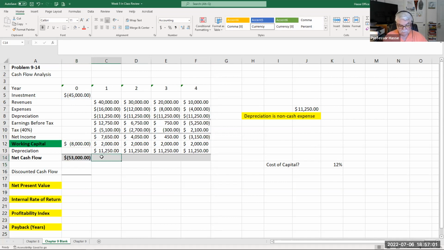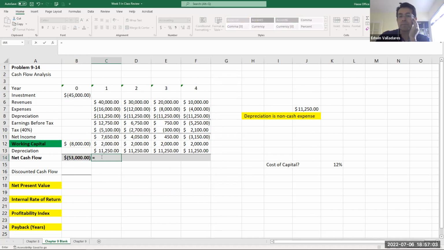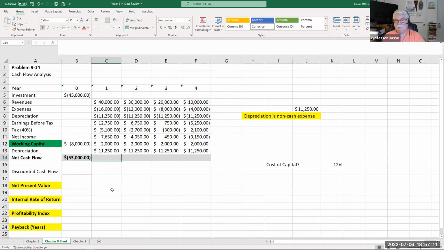Year 1. So, yes, question. Professor, just a quick question on the working capital. Is that something that should be allocated at the time of the investment? Yes. Because it says, okay, we bought the equipment now in year 0. Now we got to get it ready to put into production.